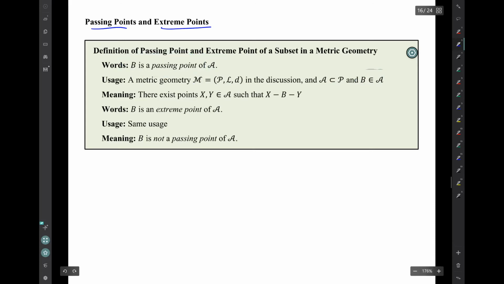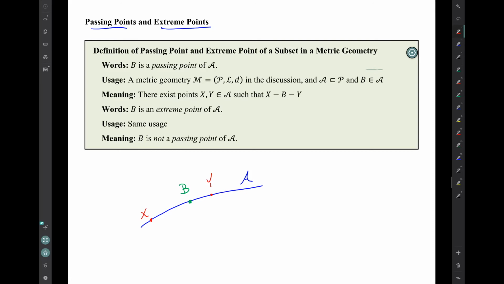But what do they mean? They mean this. There exist points X and Y that are also in that set, script A, and such that B is between X and Y. That's the meaning of passing point. Now, I could illustrate that this way. So here's an illustration of a passing point.